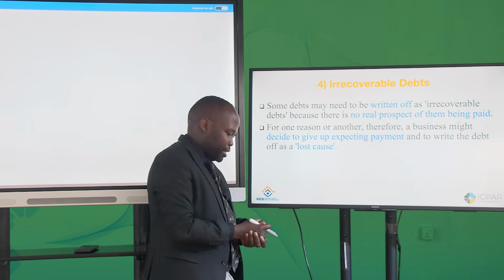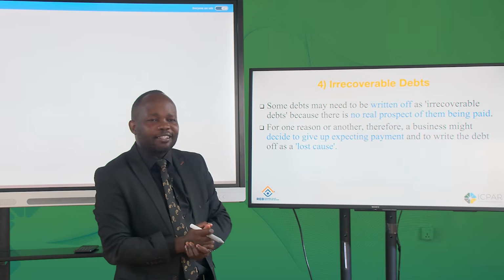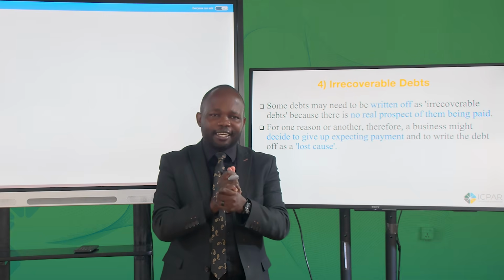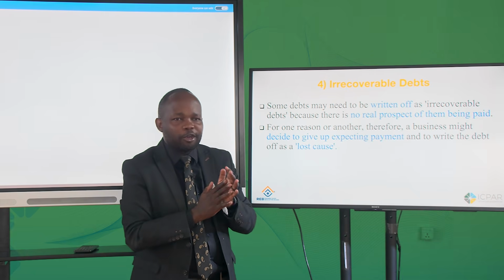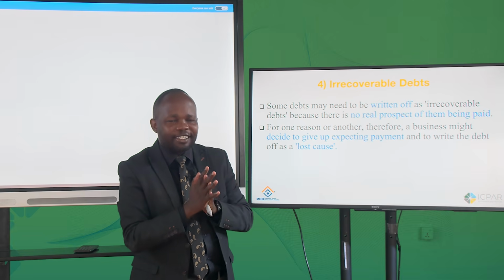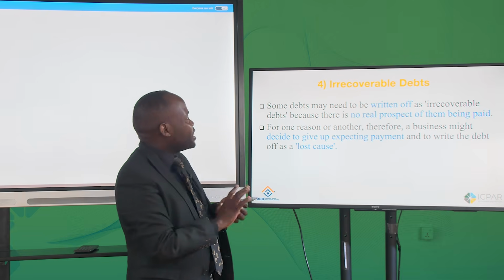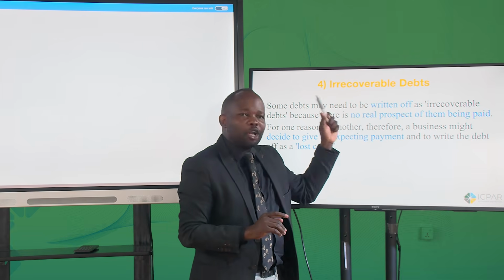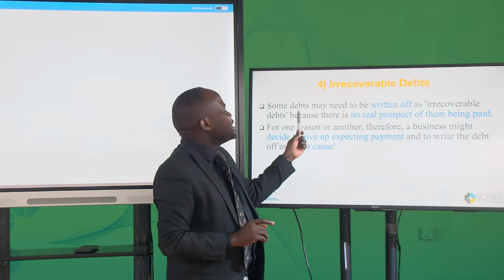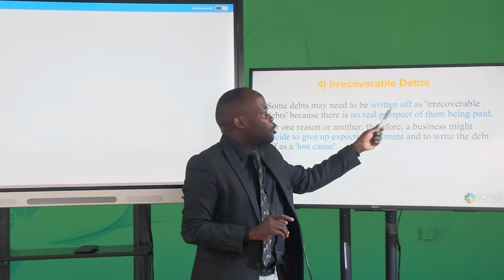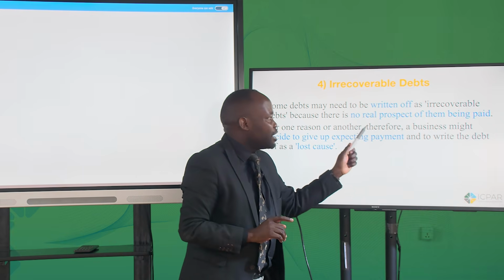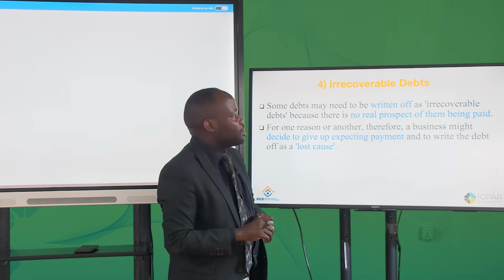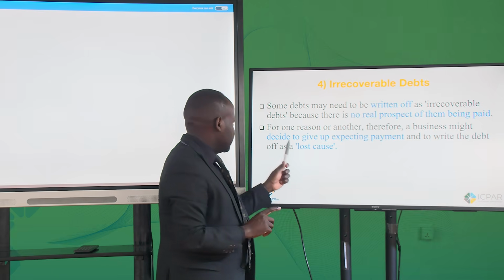So it's important to know the age analysis so that it will help the credit controller to know how to track the payments. We have said as a result of credit sales, there are some debts, some receivables which may not be collected. The customers may default. That is called irrecoverable debts. So some debts may need to be written off as irrecoverable debts because there is no real prospect or chance of them being paid.